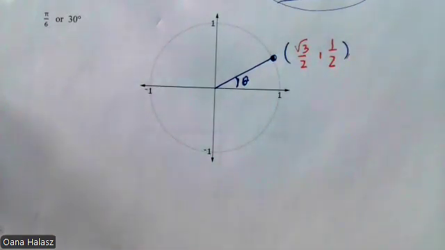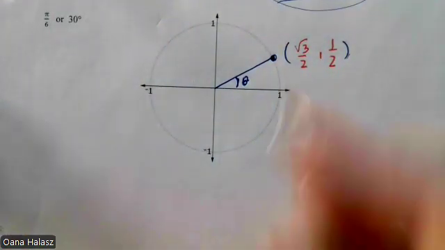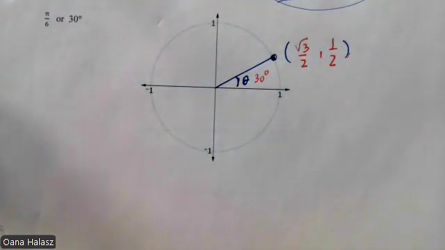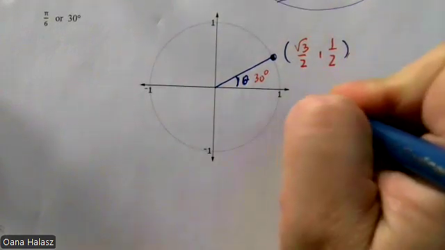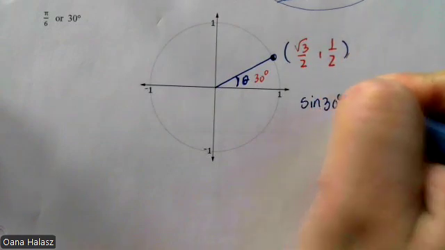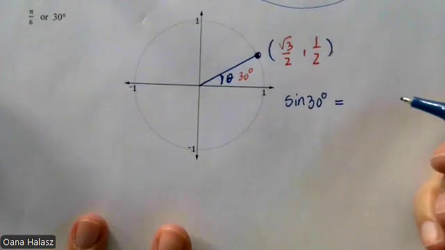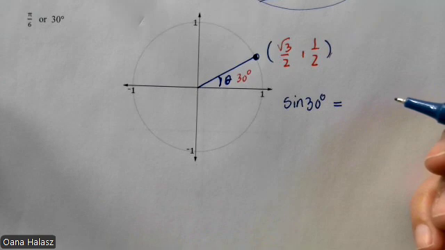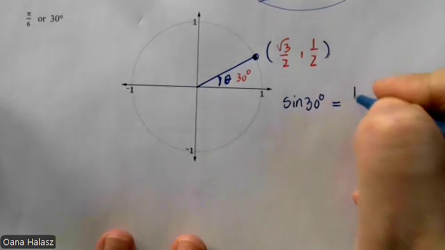Now, this is the 30 degrees or pi over 6 angle. If I ask you what's sine of 30 degrees? Right, it's 1/2.